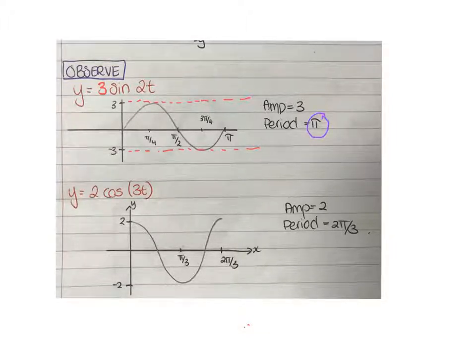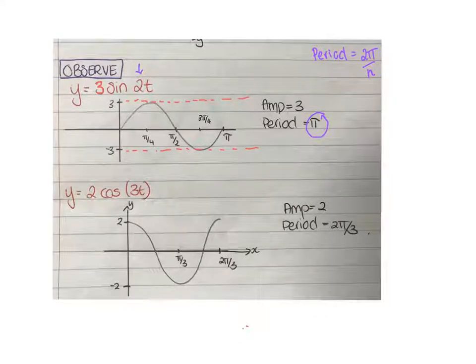The way you can calculate the period of a graph is you can use the formula, the period equals 2 pi divided by n, where n is the number in front of the angle. See how this one was 2 pi divided by 2, so we ended up with pi.